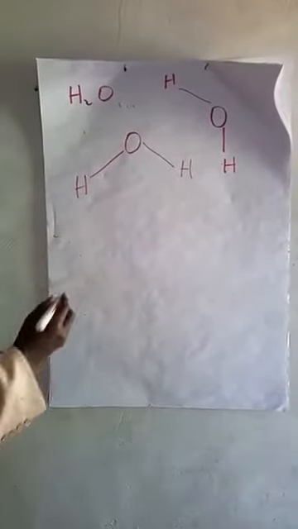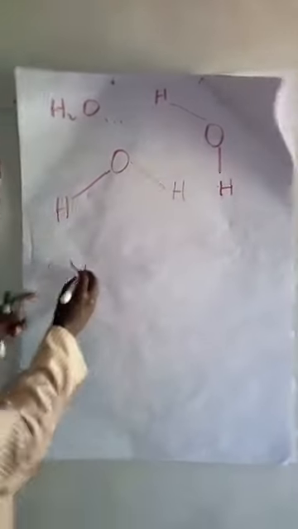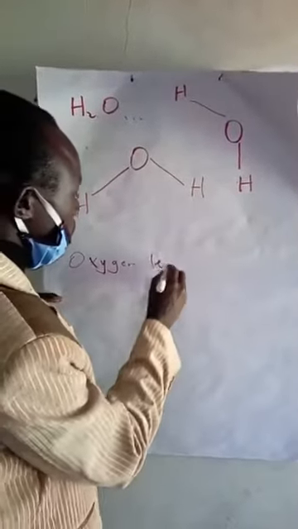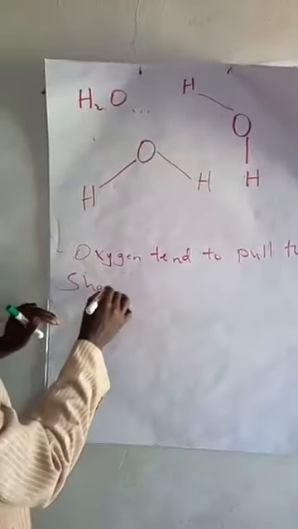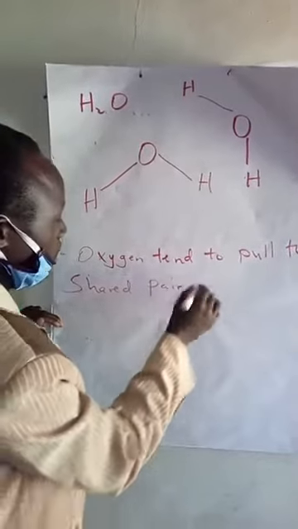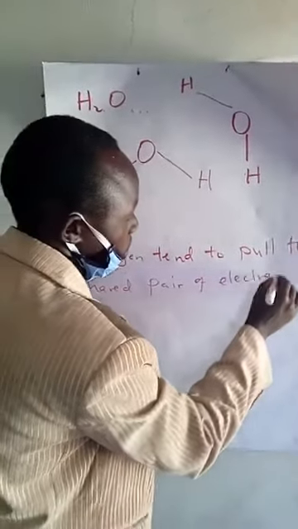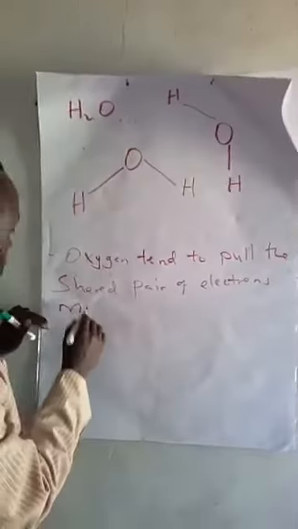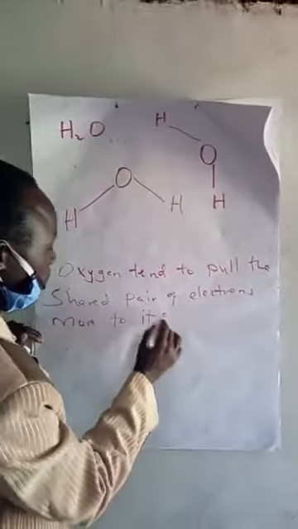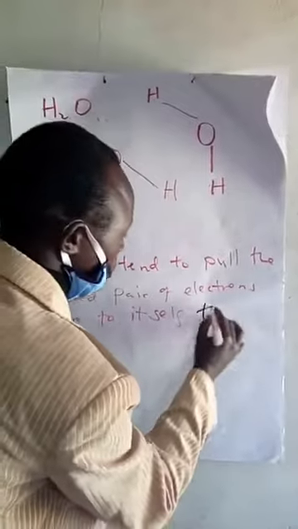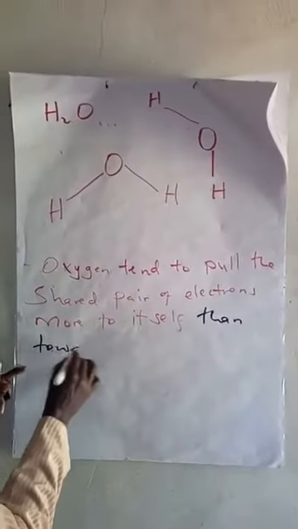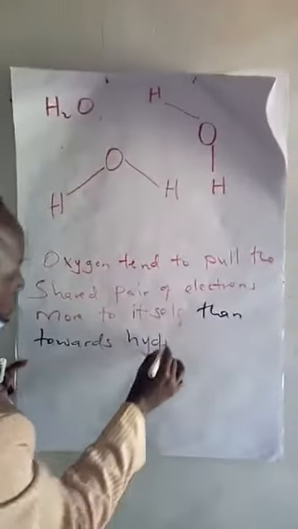Maybe we can note that: oxygen tends to pull the shared pair of electrons more to itself than towards hydrogen.